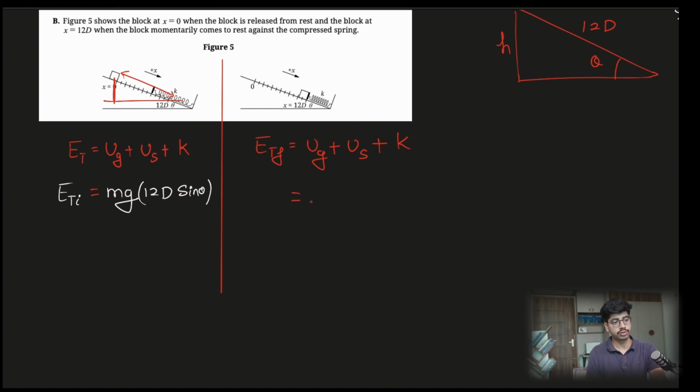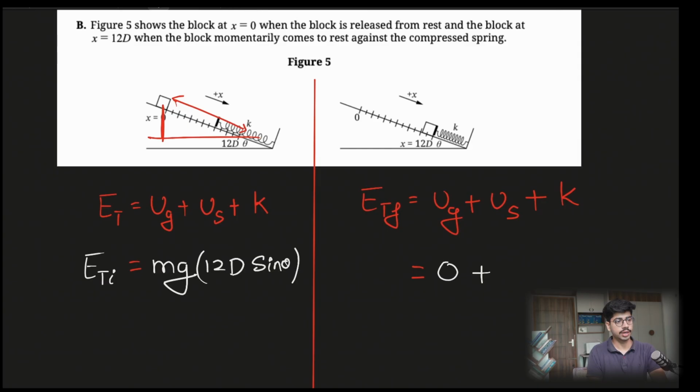Gravitational potential energy: at 12d we are not going to take any gravitational potential energy, the system has 0, and we have the spring potential energy. All that gravitational potential energy converts to spring potential energy. Now we have to look at the compression. How much does the spring get compressed?